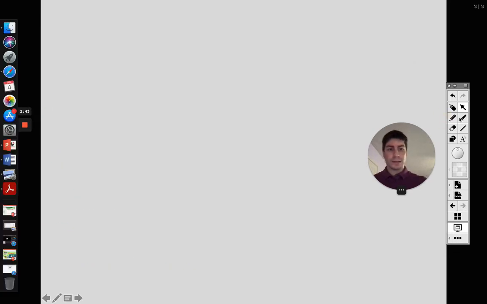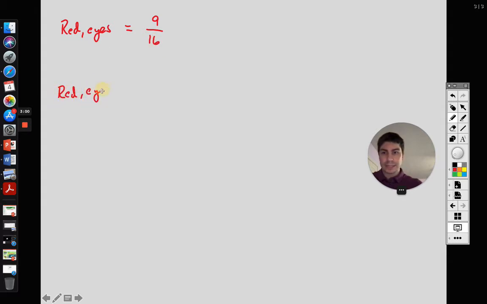So how do we figure out the expected? Well, what I like to do for the expected, and we're going to do red with eyes first, is set up kind of a proportion. So we know that we should get 9 out of 16 red with eyes. Red eyeless, we should get 3 out of 16.